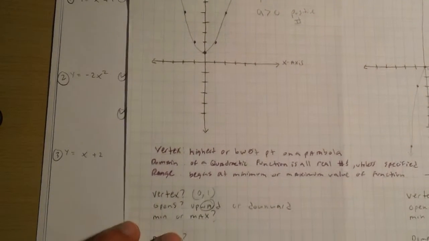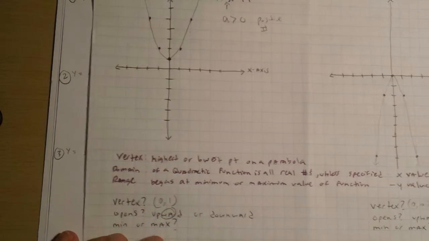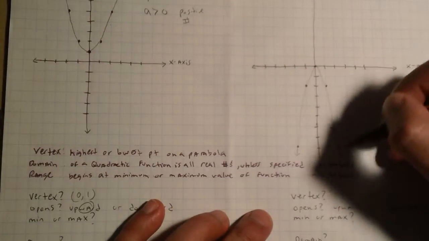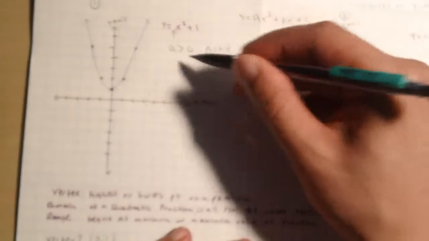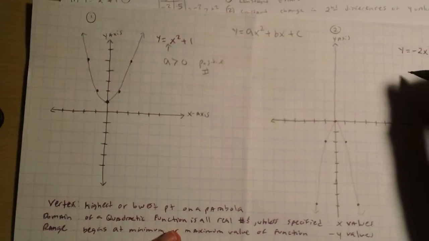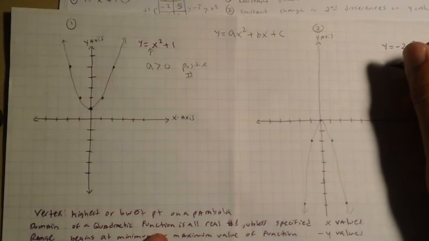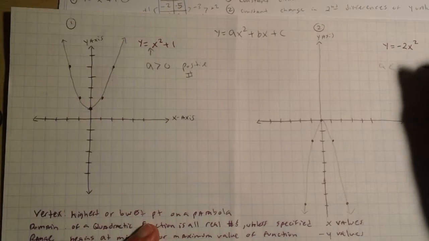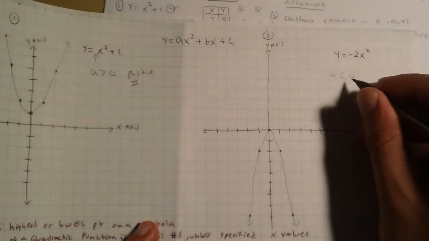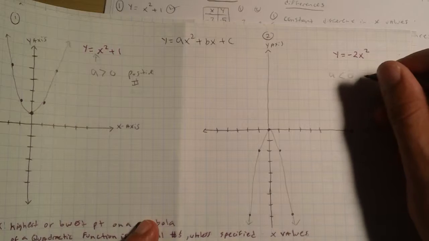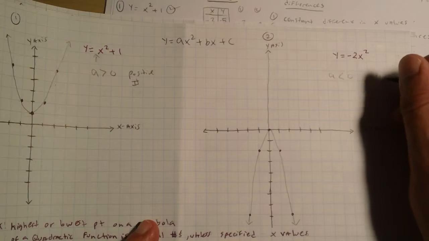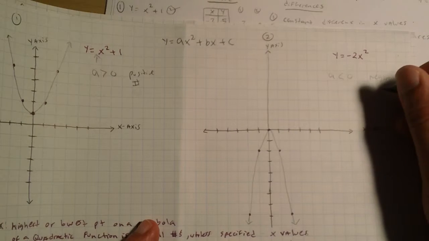Now, for the other one, we have a sad face. So we have a positive face over here. This one will mean that we have a negative number, a less than 0, which would mean a is less than 0. So that means that we have a negative a.